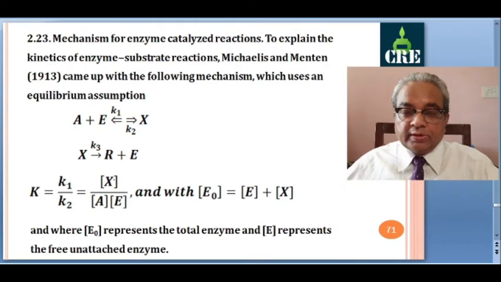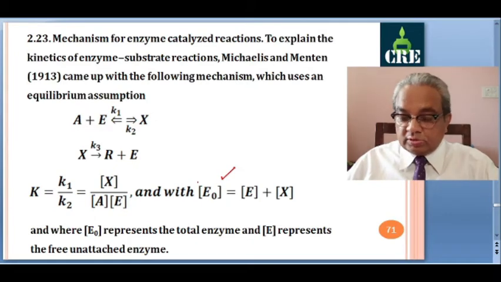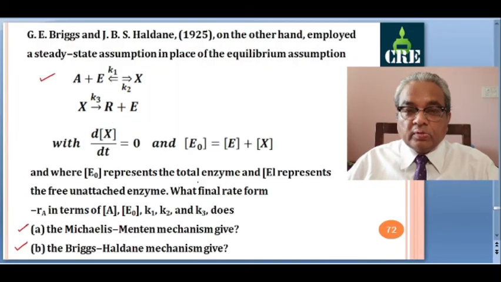So the concentration of X divided by the concentration of A and the concentration of E. And this condition: E0 is E plus X. So E0 is the total enzyme concentration and E represents free unattached enzyme. So this E0 is constant at all times. So E we can replace as the concentration of E0 minus the concentration of X.